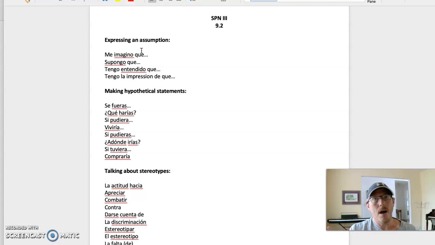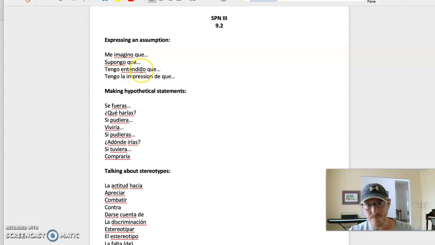You can also look them up online or in a dictionary, but every once in a while I do like to mention that these are heavy, strong cognates that you should recognize, like me imagino, I imagine that. Well, it has the word imagine kind of already in there. So I'm hoping that you see something like supongo que, I suppose that. Well, again, it has a very similar beginning as suppose. So hopefully these cognates are jumping out at you.